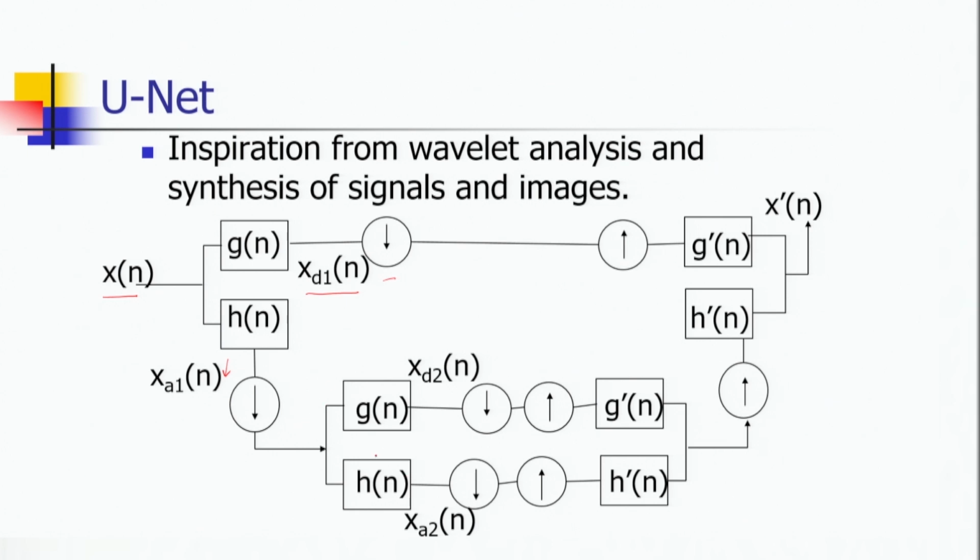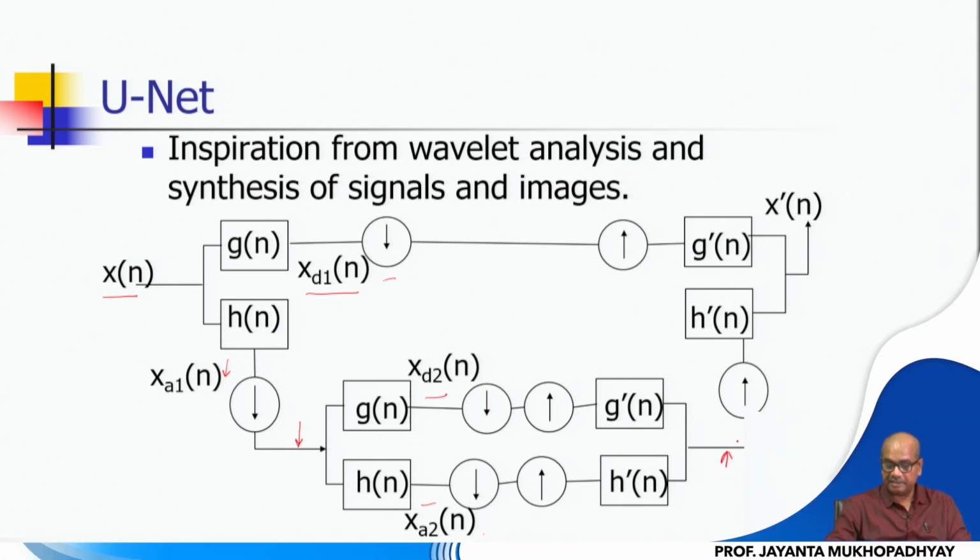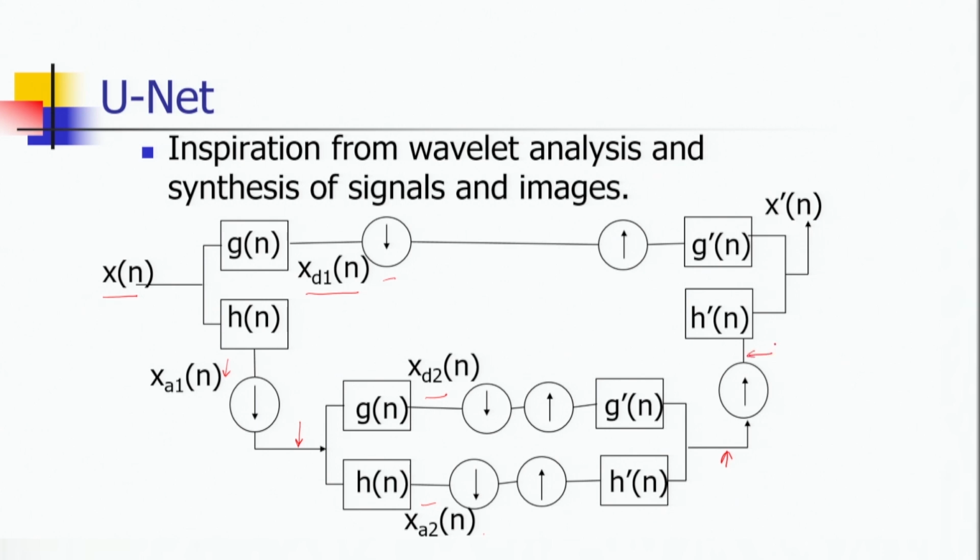Once again, this component can also decompose at the next level into details and approximation, and then with the quadrature mirror filter concept you can fully reconstruct the signal received at this end, and then again you upsample and can fully reconstruct the signal with appropriate filter design.